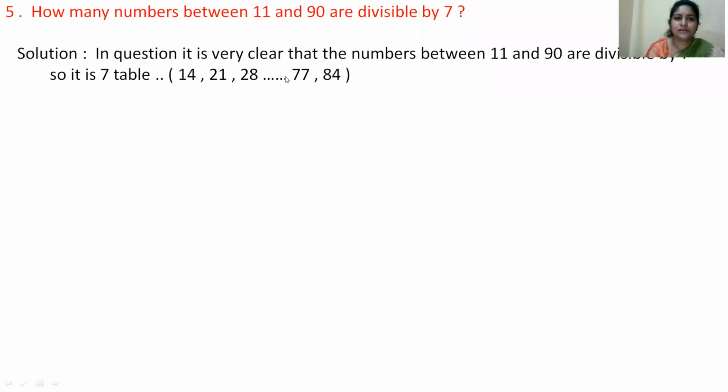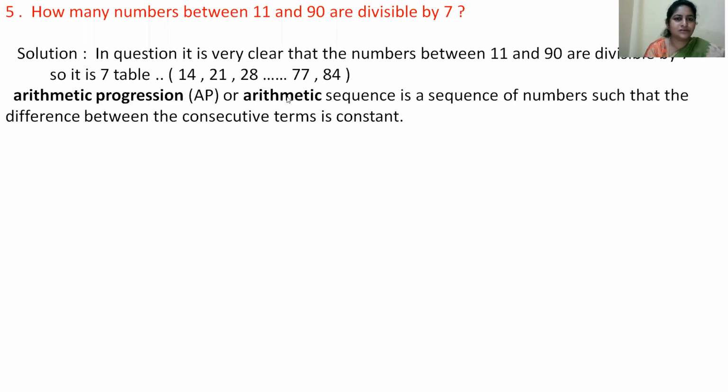So we shall stop at 84. Now this looks like a series or pattern, so we can consider it as an arithmetic progression or arithmetic sequence. An arithmetic sequence is a sequence where the difference between consecutive terms is constant.